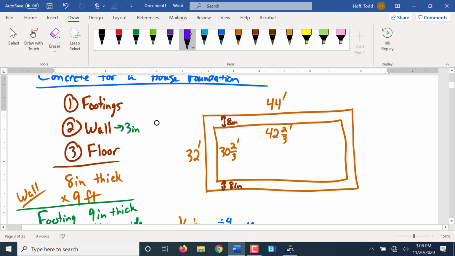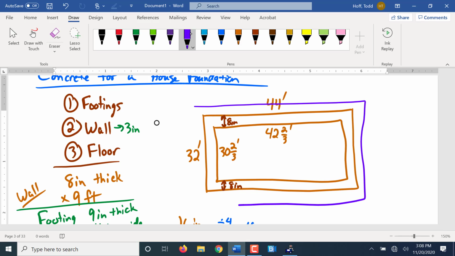So let's draw in this here. Obviously, I exaggerated the size a little bit. So I'm going to add 1/3 of a foot here and 1/3 of a foot here, which of course is 2/3 of a foot. Make sense? So this dimension here is going to be 44 plus 2/3.